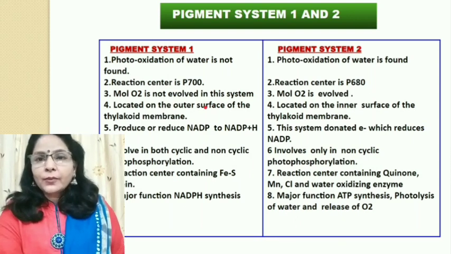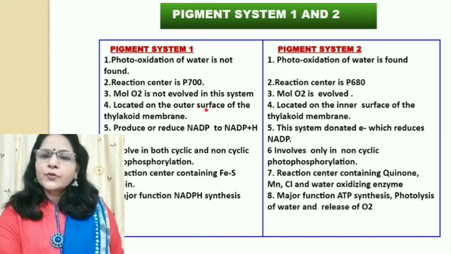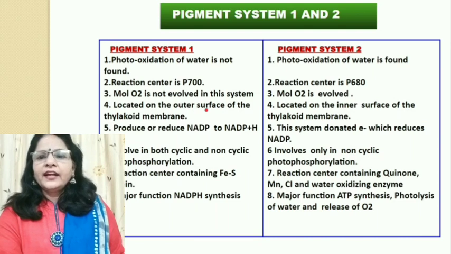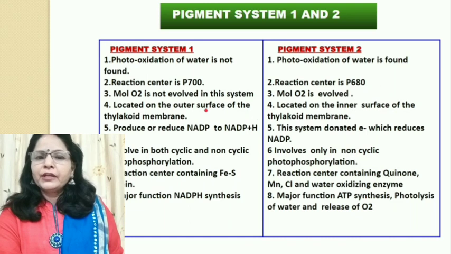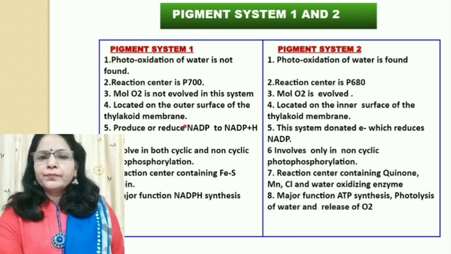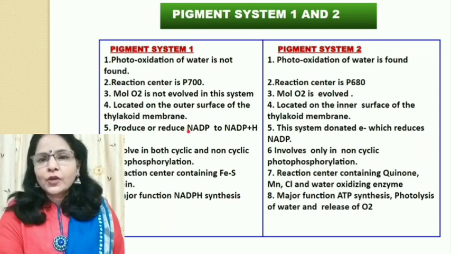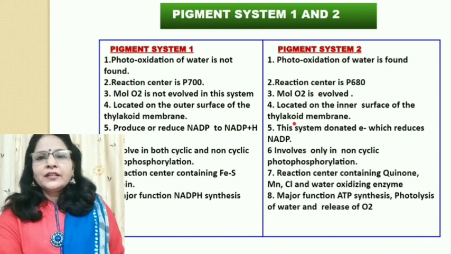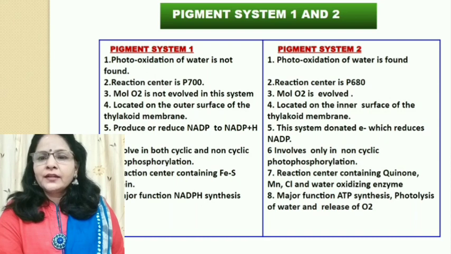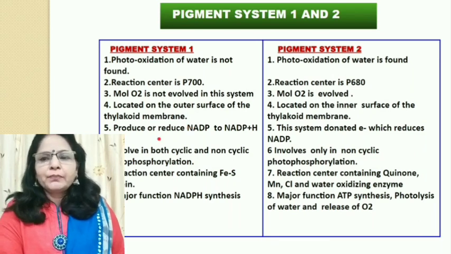When we talk about the location, pigment system 1 is located on the outer surface of the thylakoid membrane, and pigment system 2 is located on the inner surface of the thylakoid membrane. Pigment system 1 reduces NADP to NADPH. But in pigment system 2, NADPH is not produced; rather, electrons are donated from pigment system 2 to pigment system 1 for the reduction of NADP.